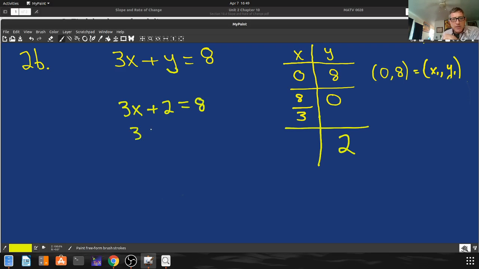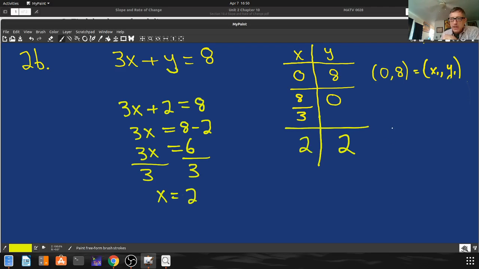So I'm going to solve this by moving the plus 2 to the other side, and it becomes minus 2. So I get 3x is equal to 6. So if I divide both sides by 3, I get x is equal to 2.